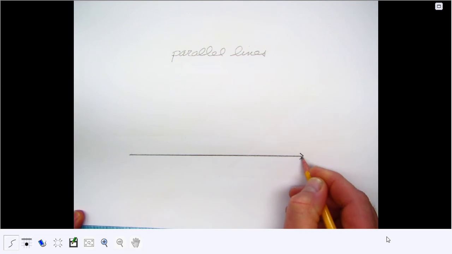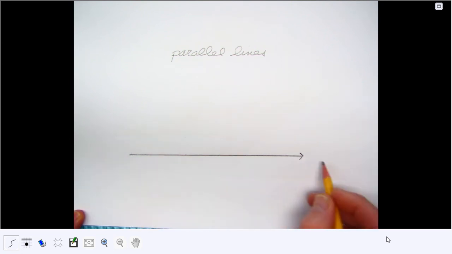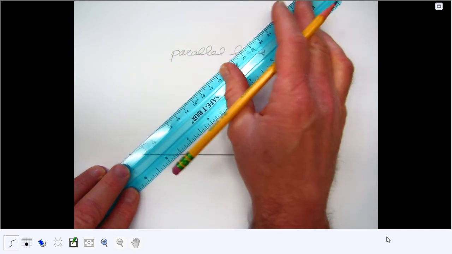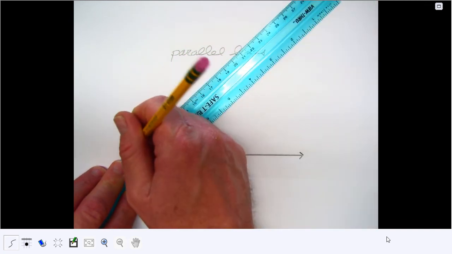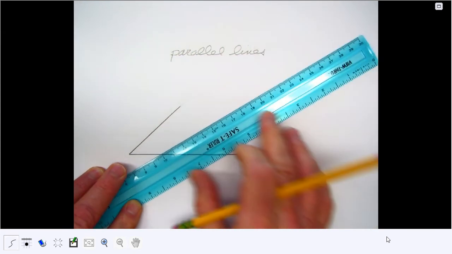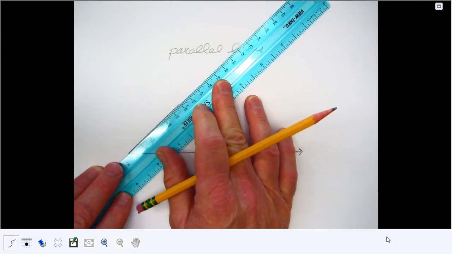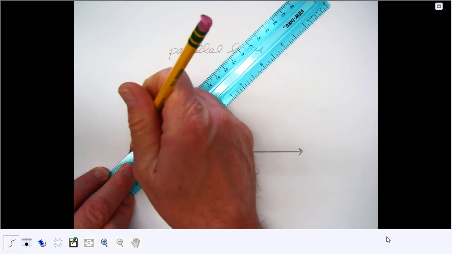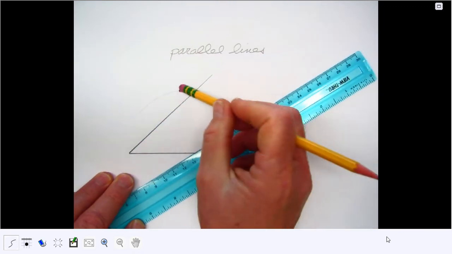I mean, obviously a ray is infinite, but I'm going to draw a really long part of the ray there. And then I'm going to put an angle up here. Oops, I slipped a little bit there. So I'm going to put another ray here to make an angle.